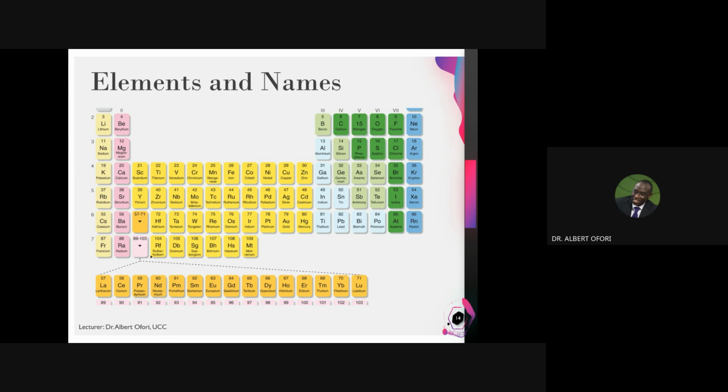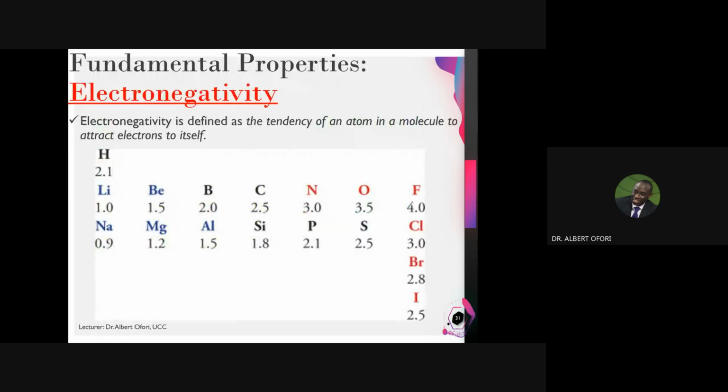Okay. The next property I want to discuss is electronegativity. Electronegativity from Linus Pauling gives us a clear way of calculating these values.